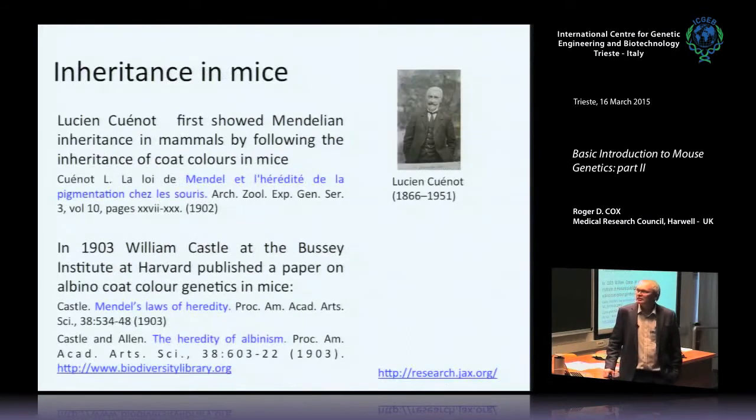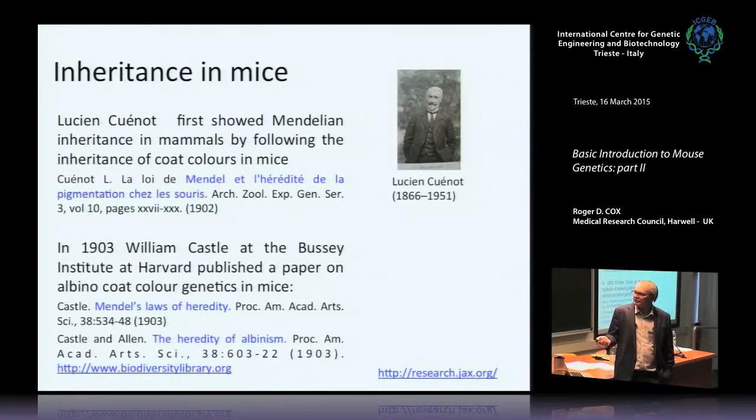So Mendel's studies were forgotten for a long time, but rediscovered. And the first Mendelian inheritance in mammals was following the inheritance of coat colors, which are obviously easy to follow and look at, in 1902.